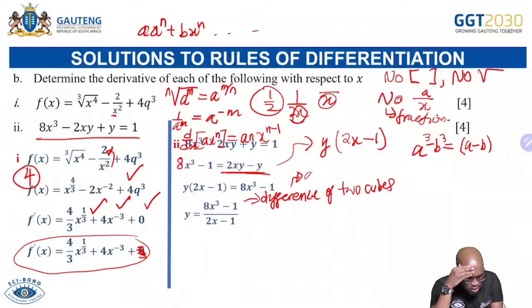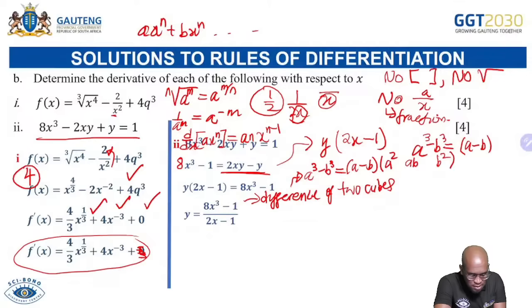Allow me to write it here. a cubed minus b cubed, this would be a minus b, and then you square the first term, a squared, you square the last term, b squared, and then the product of the two terms, ab, all right? And then from there, the first sign would be opposite of what was in the expression, so it would be positive. The last one is always positive.